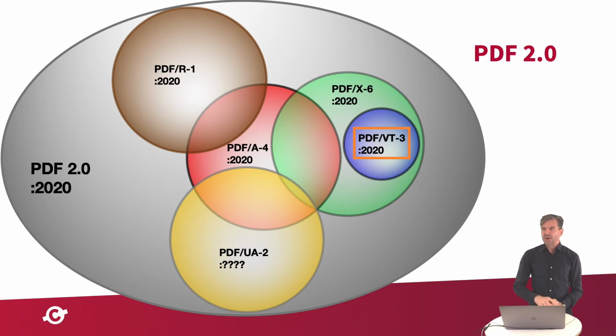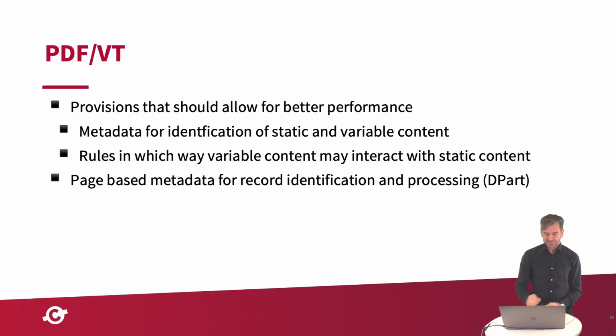So now we are at the small blue bubble here, which is just living inside of PDF/X-6, PDF/VT-3. PDF/VT stands for variable and transactional printing, usually huge PDF files with thousands of pages, invoices, for instance.